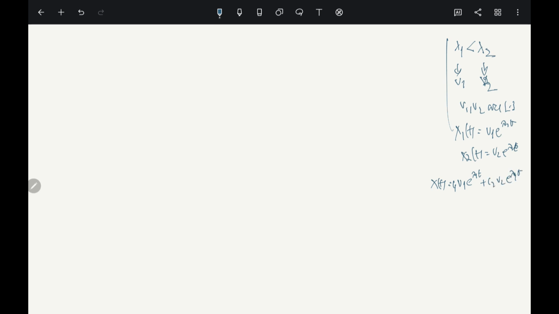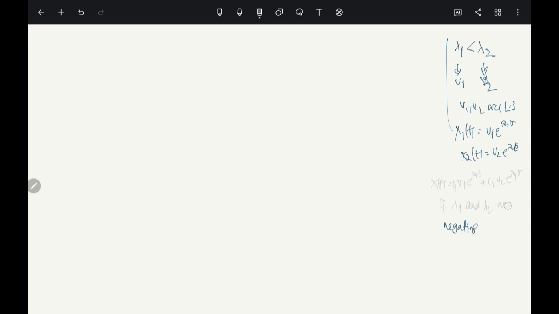Clear? Now, if lambda 1 and lambda 2 are negative, if both are negative, what happens then? Let me do it properly.